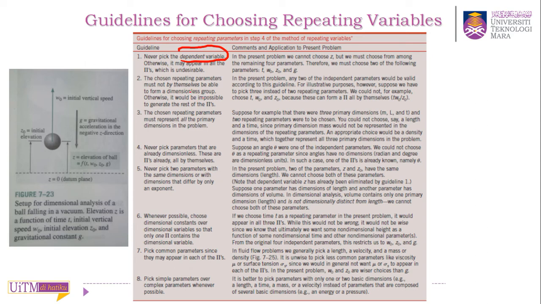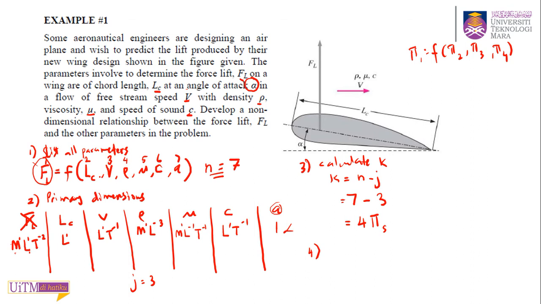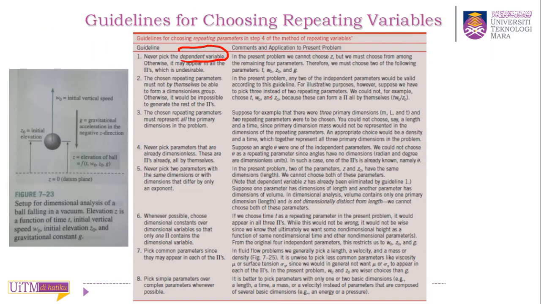So you have the other 6 parameters here. Either 1 or 2 or 3 of them, you cannot choose parameters that can form a dimensionless group by themselves. Just to give you an example here, let's say there are t, time, w naught, the vertical speed, and z naught, the distance.